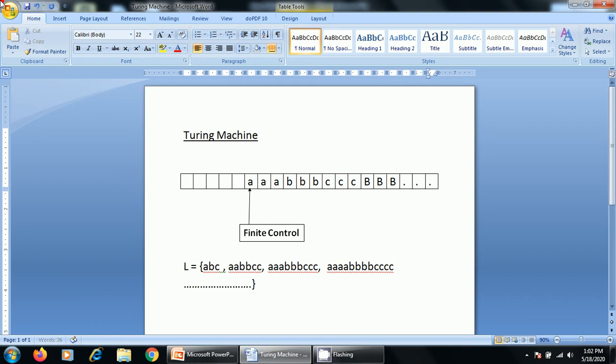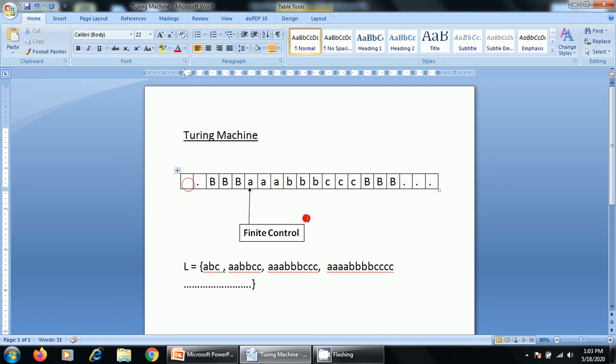Similarly, on the left hand side of the string write B for blank, meaning no input at this position. In this cell nothing is present, so write B, meaning blank. This cell is blank, this cell is also blank, and so on.